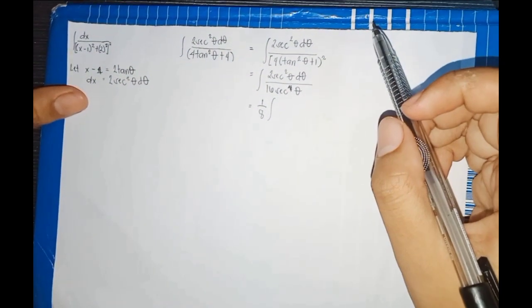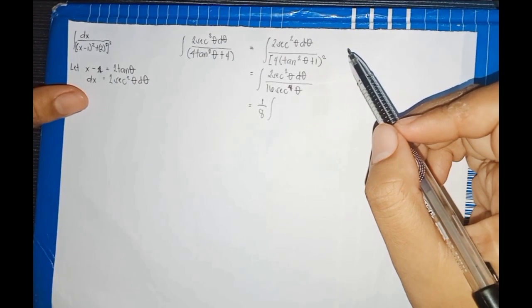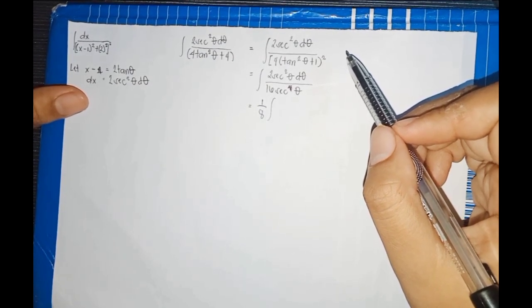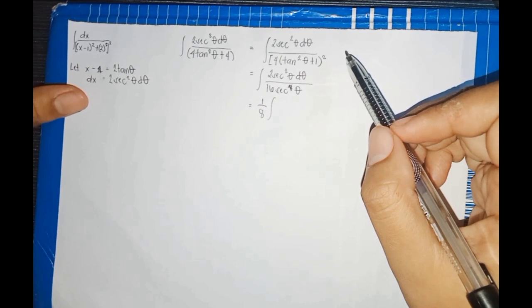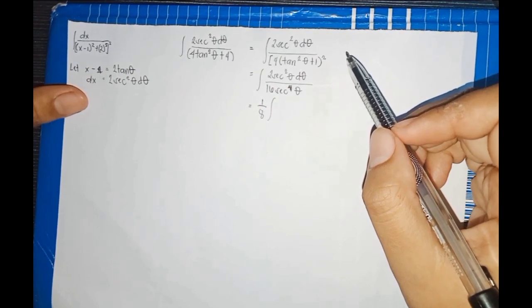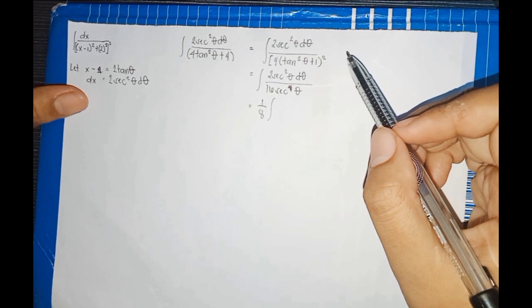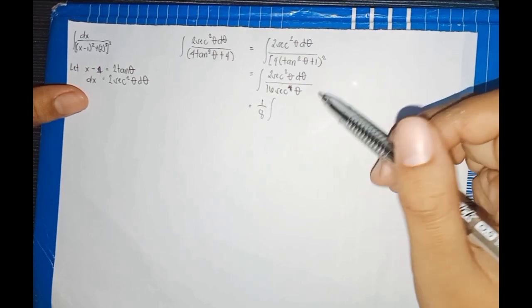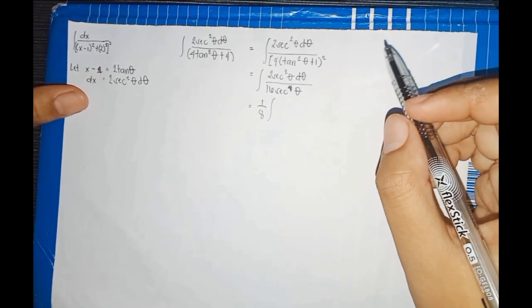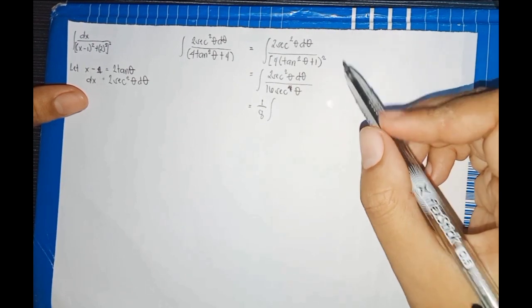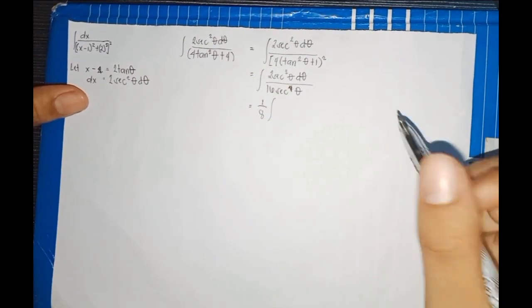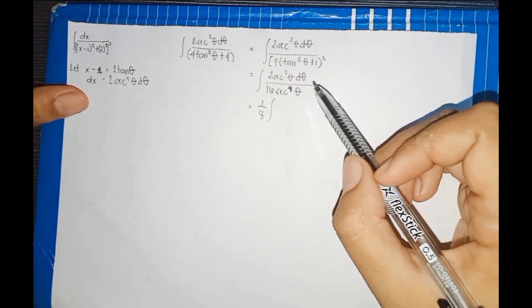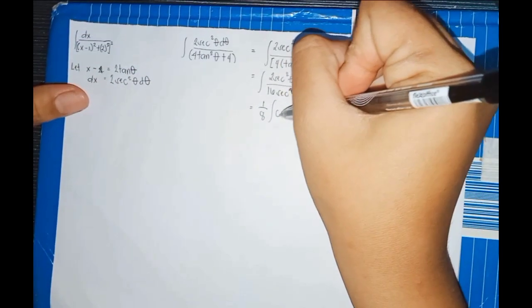The next step is integrating. We can substitute, as in case 4 of trigonometric integration, cos squared theta is equal to 1/2 of the quantity 1 plus cos 2 theta.